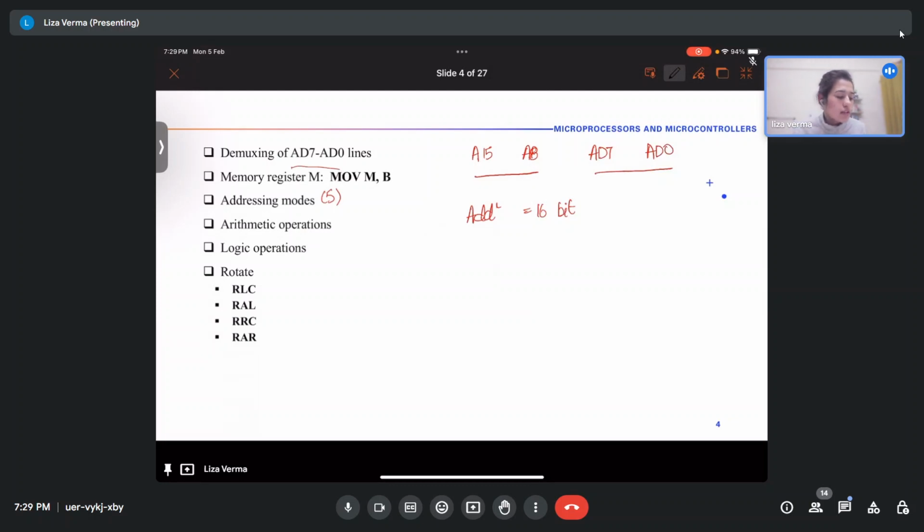So the first addressing mode is the immediate addressing mode. In this kind of addressing, the source operand is always the data. As we discussed last time, an instruction has two parts: opcode and operand.